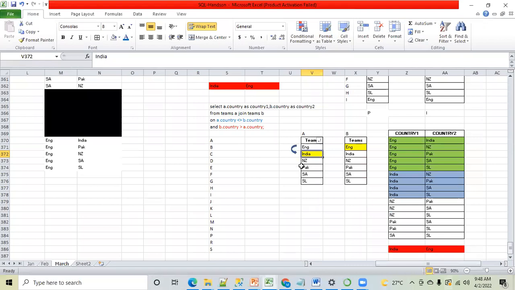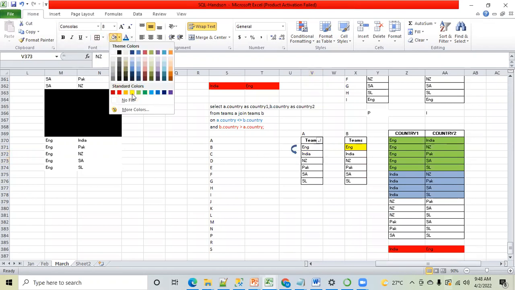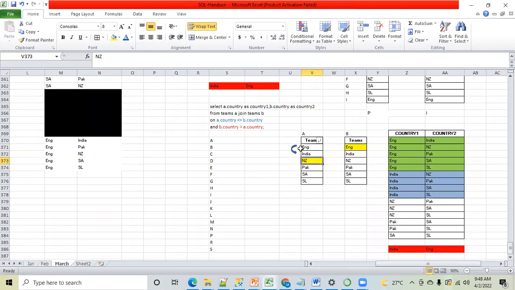Similarly, when it will start with New Zealand, what will happen? Now what do you want? You want New Zealand to not join or match records with India and England, because this is already covered. So you want New Zealand to join with Pakistan, to play with South Africa, to play with Sri Lanka.